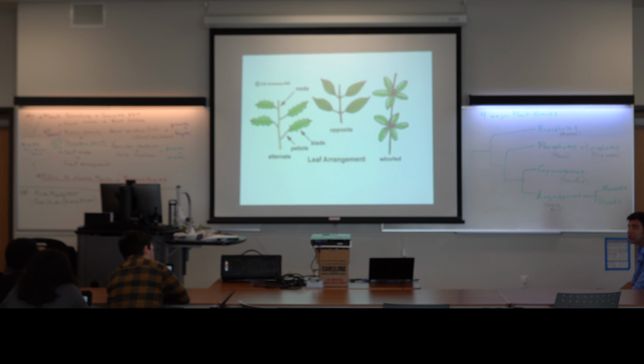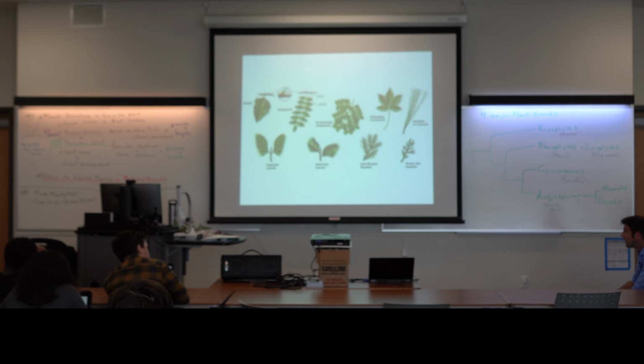How the leaf attaches to the stem is what we mean by leaf arrangement. How is that leaf arranged to the stem? The options are either alternate, opposite, or whorled. The next thing we need to see is the type of leaf. I'll just real quickly draw our attention to these bottom 2 pictures here, because that's what we just talked about.